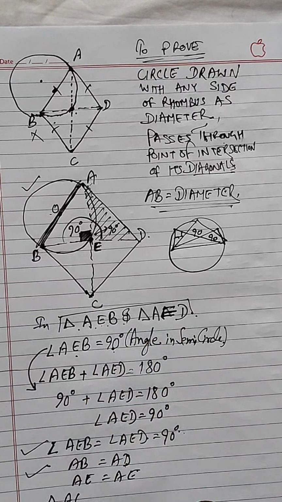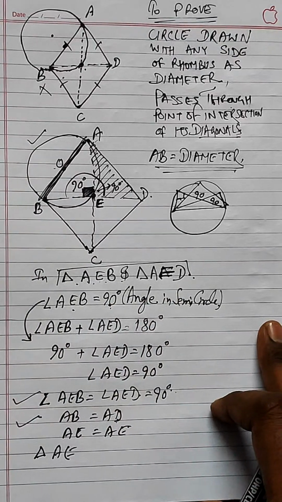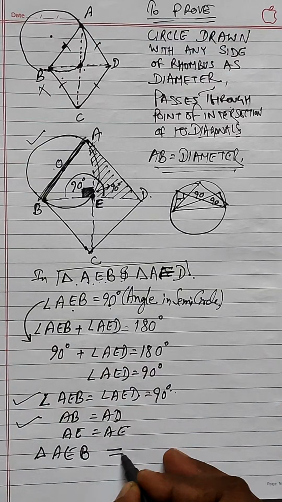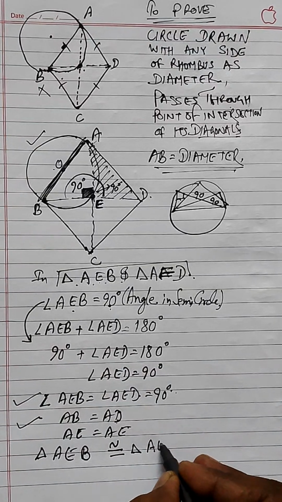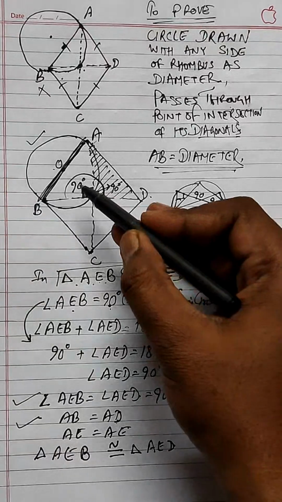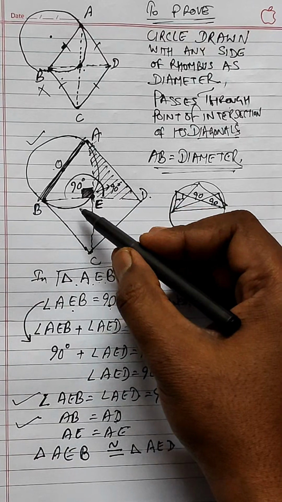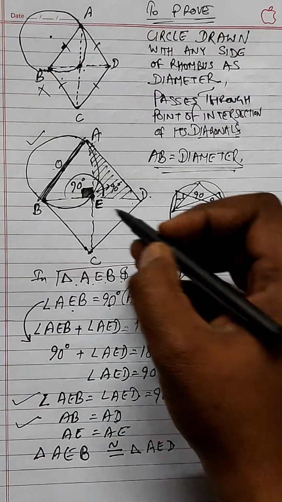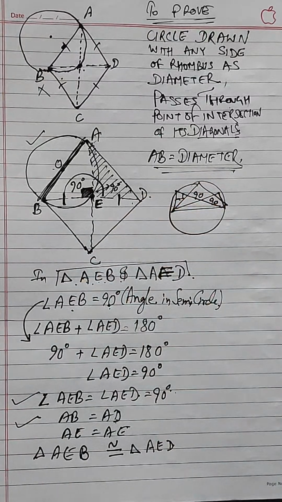Triangle AEB, let me push it a little upside. We can say that triangle AEB is congruent to triangle AED. So if these two triangles are congruent, we can say that by CPCT, BE equals DE. This BE is equal to DE, right?